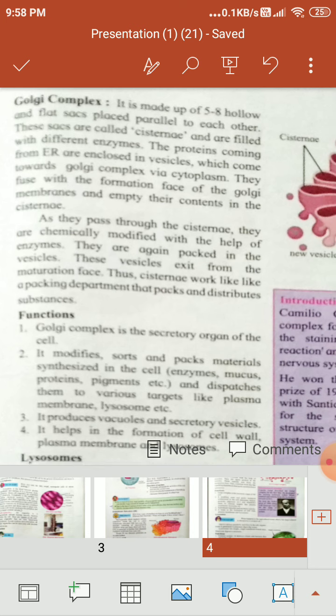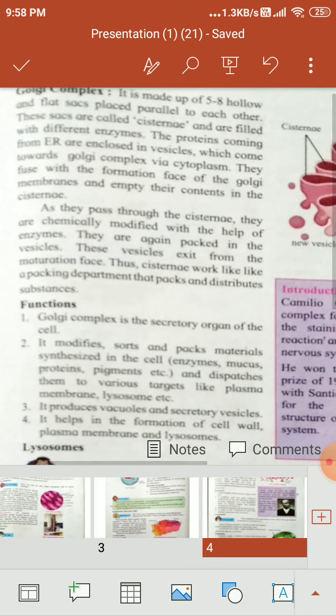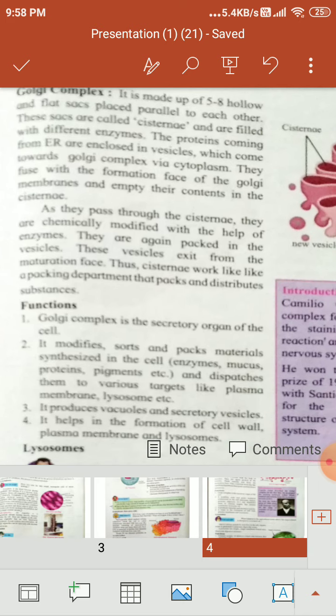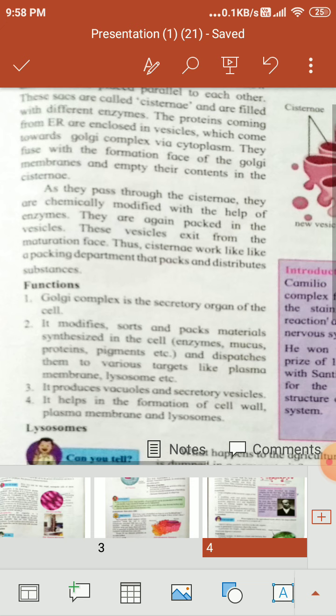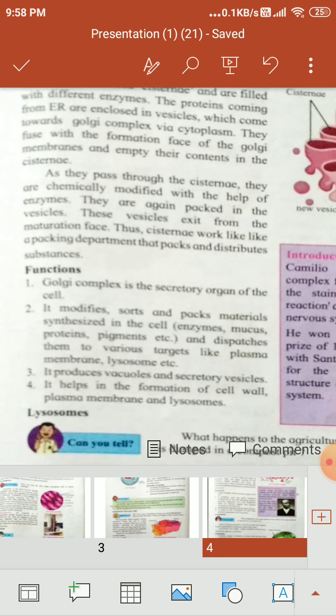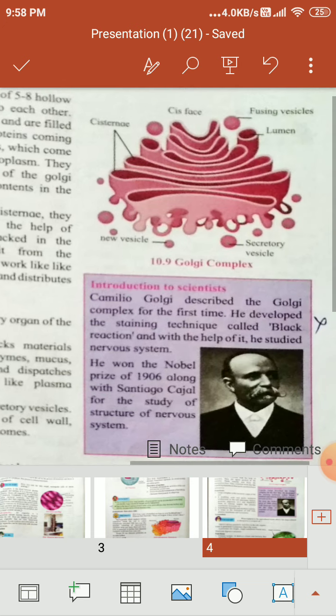Whatever protein comes from the endoplasmic reticulum comes into the Golgi complex, and in the Golgi complex enzymes are added to the protein, chemically modifying it, and then it is packed again. In this packing department you can see the secretory vesicles, and the substances are distributed.